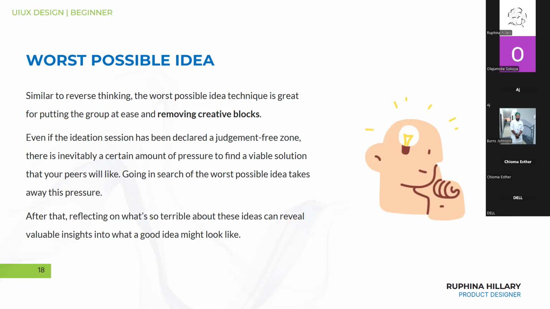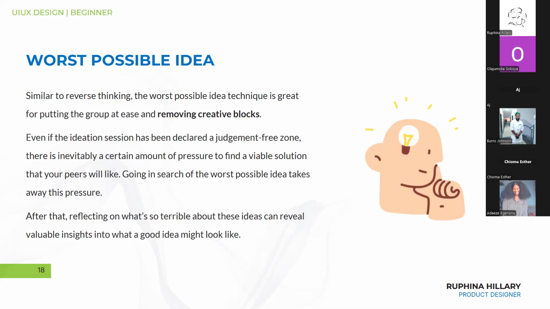By the time we're able to get different ideas from different people, if we sit down with these ideas and reflect on why this idea is so terrible, like why is this actually terrible, it can give us an insight into what would be better or what the solution might look like. Because if you can recognize something that is terrible, it means there is something that is not. So you can reveal insight into what a good idea might look like.